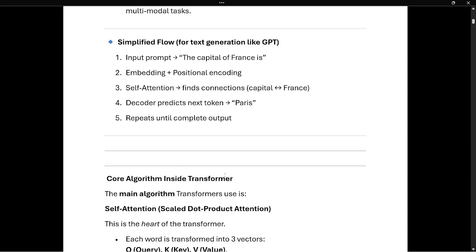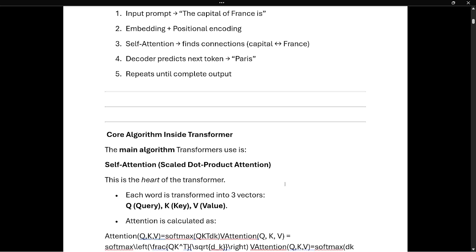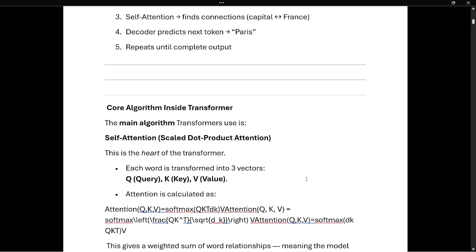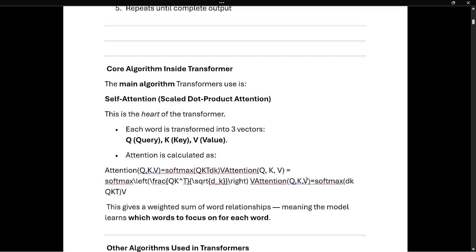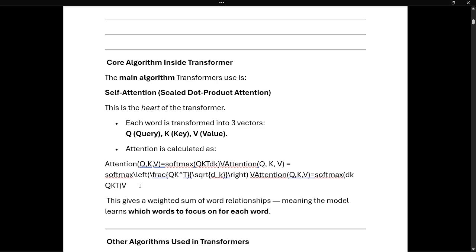Now we will see the core algorithm inside the transformer. The main algorithm inside the transformer is self-attention. Self-attention is nothing but scaled dot product attention. We have three things: Q is the query, K is the key, V is the value. How is attention calculated? Attention is calculated by passing through a softmax function, and we will see the mathematical terms in the next video.